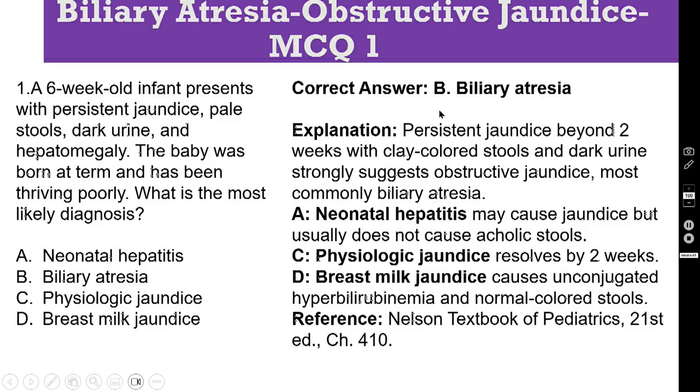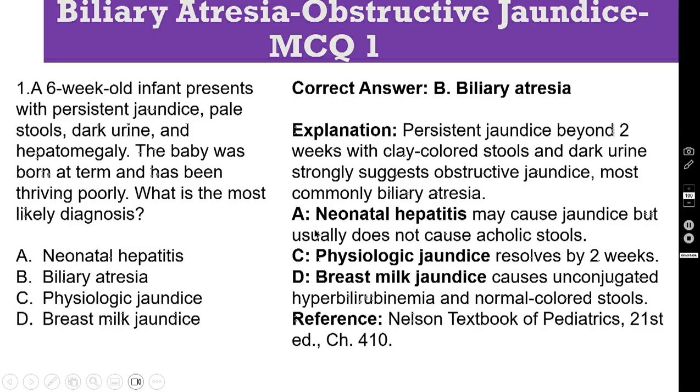Biliary atresia. Why biliary atresia? Persistent jaundice beyond 2 weeks is not physiological, that too with clay colored stool and dark urine. That suggests obstructive jaundice, and this patient is a 6 weeks old infant, so the most common cause is biliary atresia.